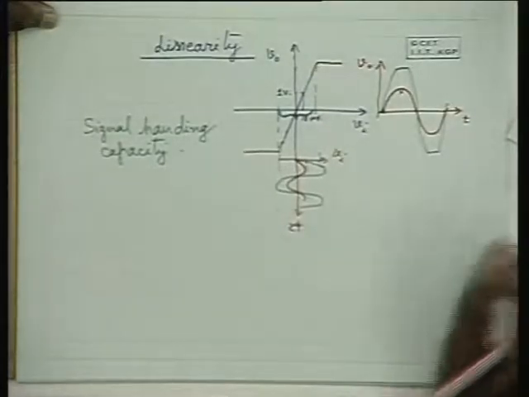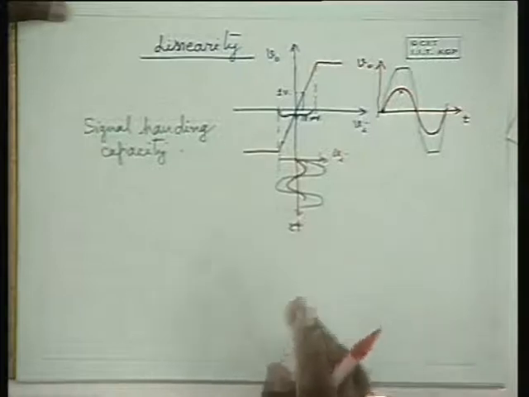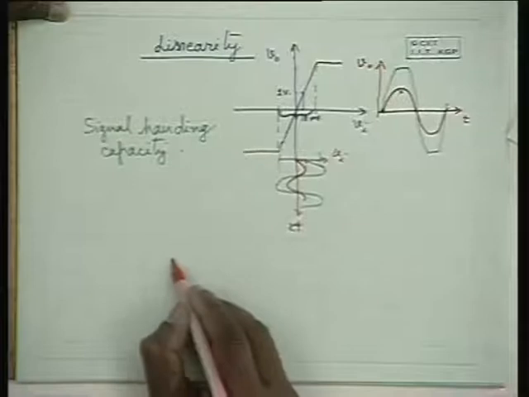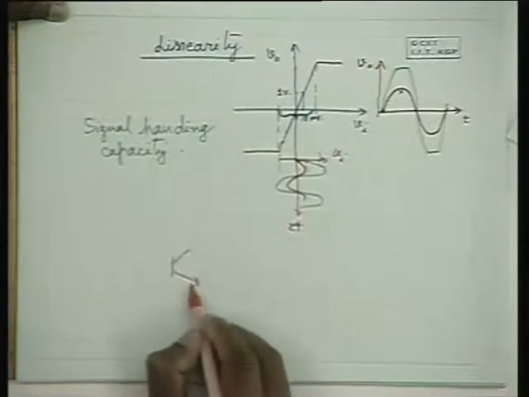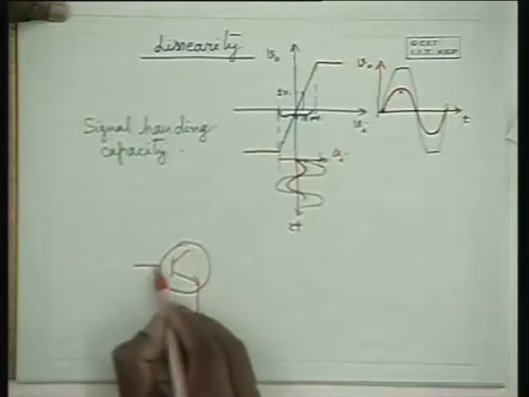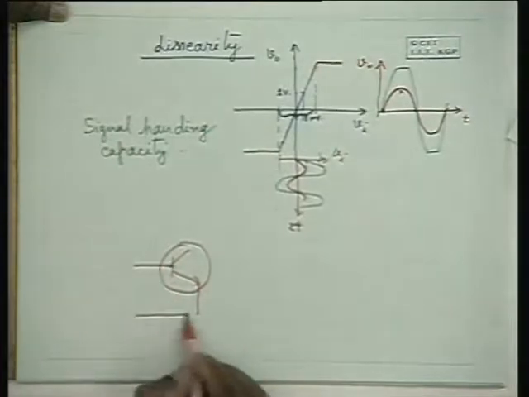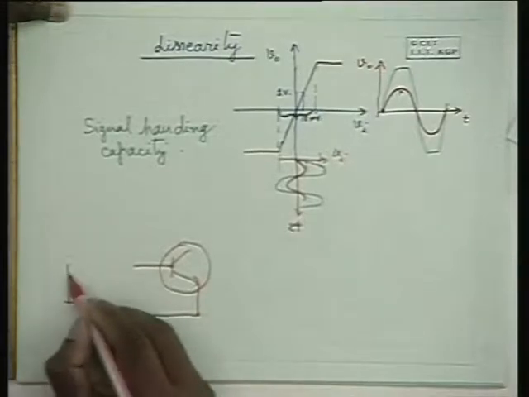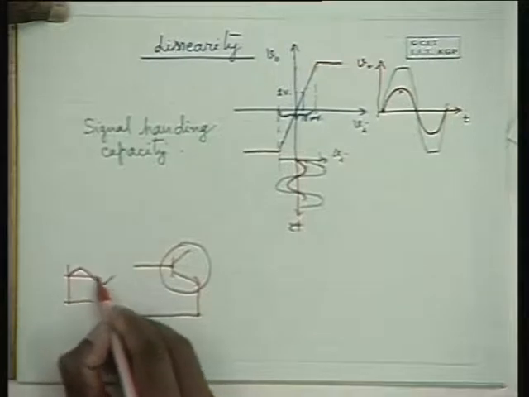Okay. So let us look into this in a bit more detail. Here we apply a signal which is a DC plus some alternating component.